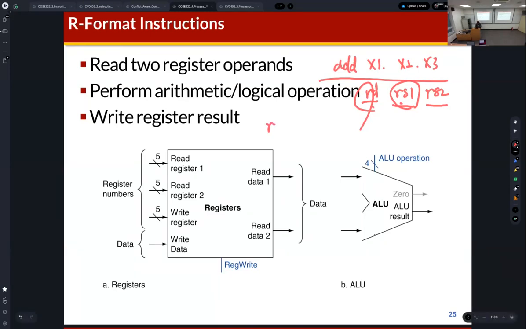So this is the register element, and then register file includes an array of register data, and then each data is also indexed by register number, right?